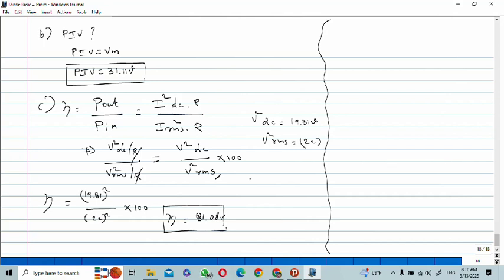Then the output frequency. How much is the output frequency? Based on the waveform we are going to calculate it. See here, this is the input waveform, everyone knows. F equal to 1 by T, so T equal to 1 by F. Okay, so I'm going to redraw this with the rectified output.